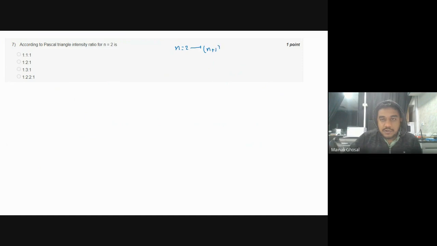According to the n plus 1 rule, the number of peaks will be 3. Now I am just drawing Pascal's triangle. So this is 1, this is 1 and 1, 1 2 1, 1 3 3 1.